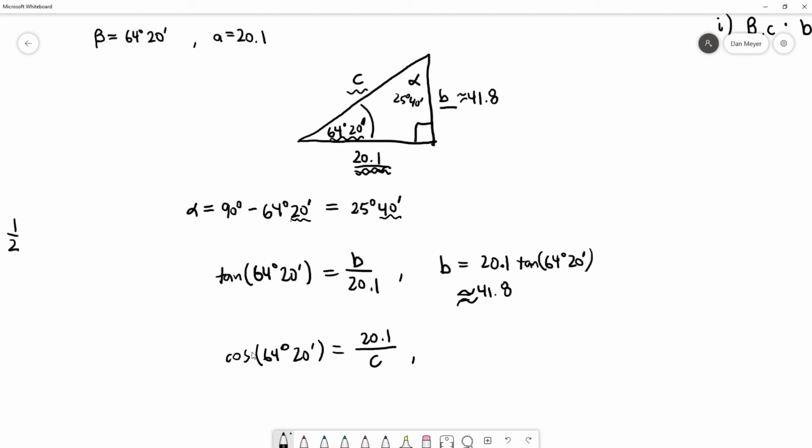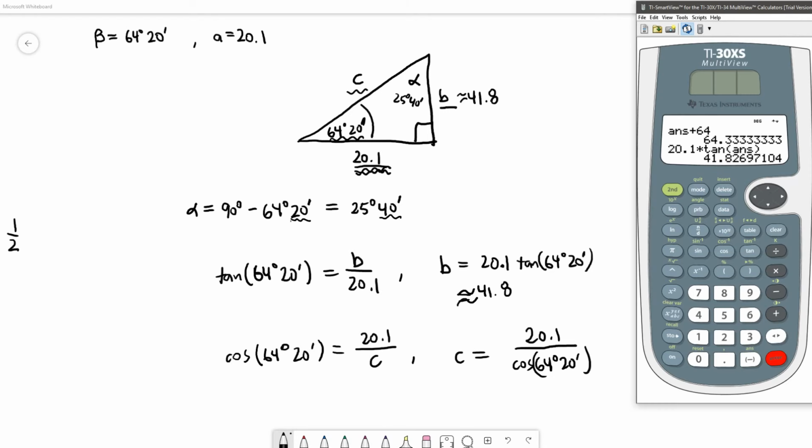And so there's where we can solve for C and get C is 20.1 divided by cosine of 64 degrees 20 minutes. All right.